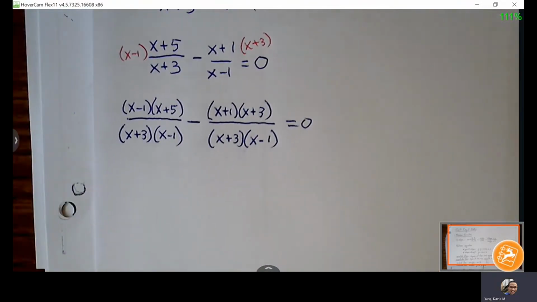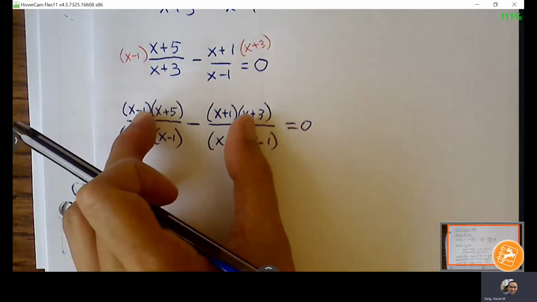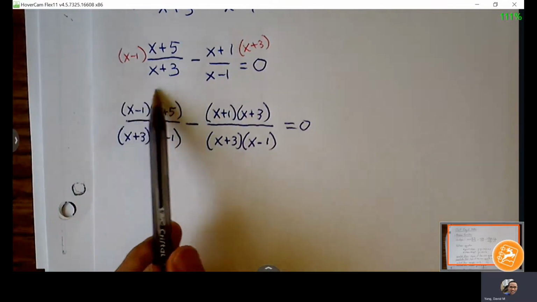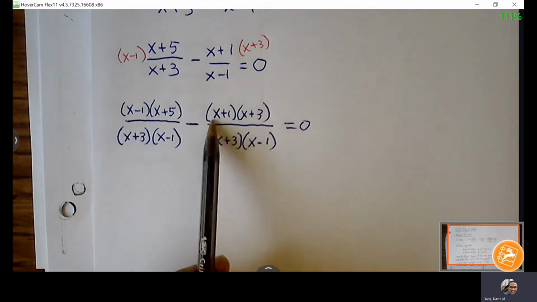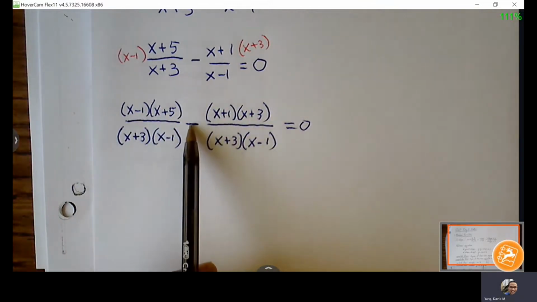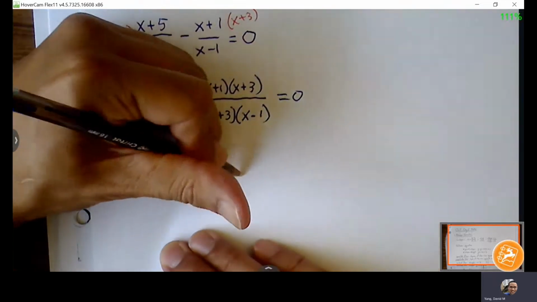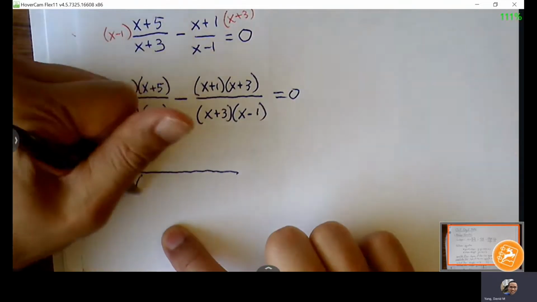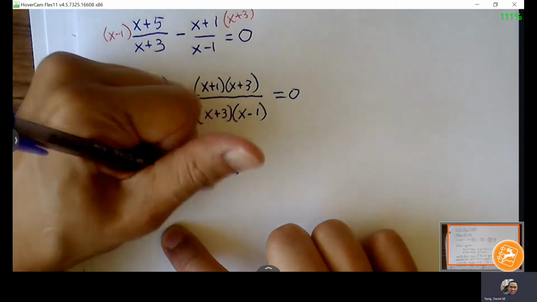Now the hope is that I can combine these fractions by adding or subtracting the numerators, but first I'm going to spend time to clean up my numerators. So expand everything out, and be careful, there's that negative there. I'm going to write this all as one large fraction. I know that these can all combine because now I have matching denominators.